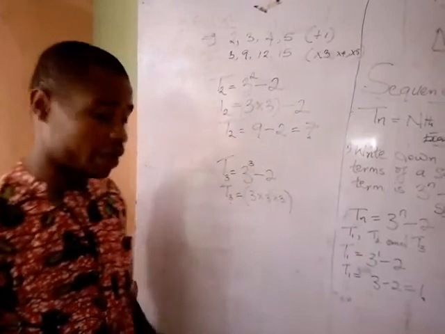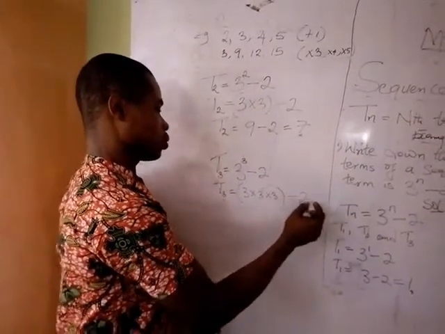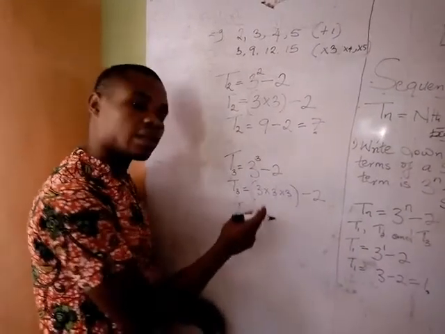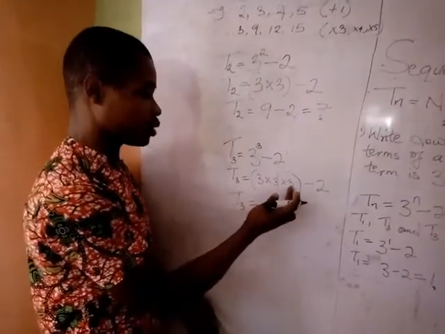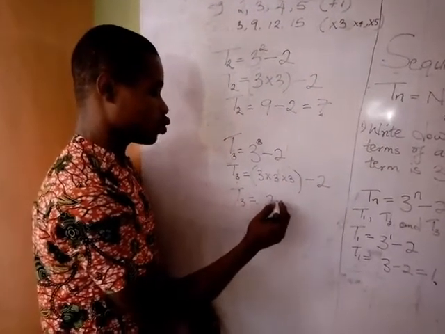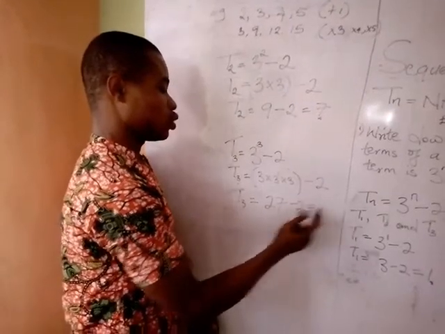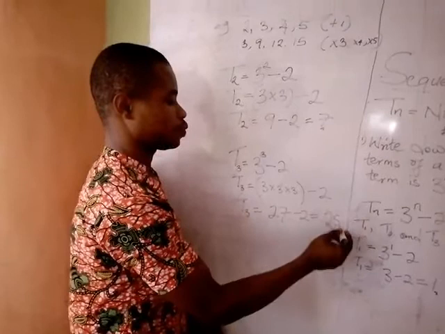Just put in brackets, then minus 2. You have your T3 equal to 3 times 3, 3 times 3 is 9. 9 times 3 will give us 27 minus 2. 27 minus 2 is 25.